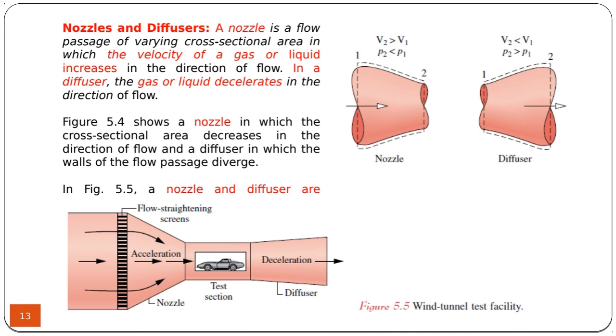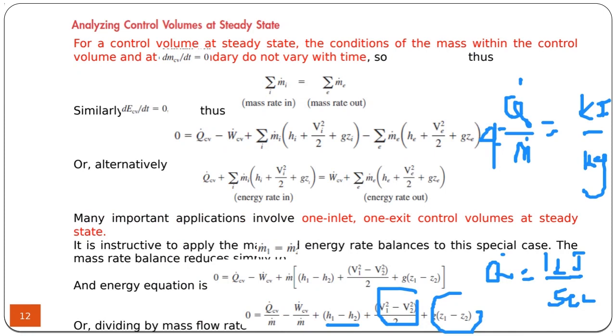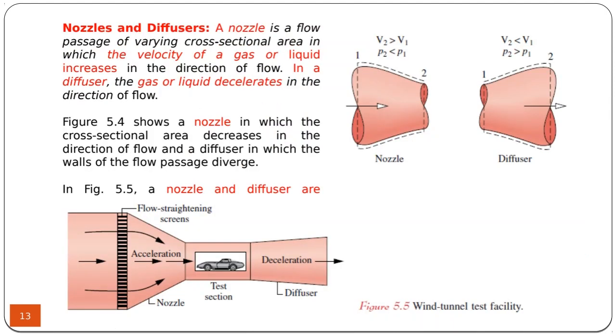If the area is decreasing, then we understand that there has to be an increase in velocity, because, for instance, if rho is constant, we have a situation called conservation of mass.